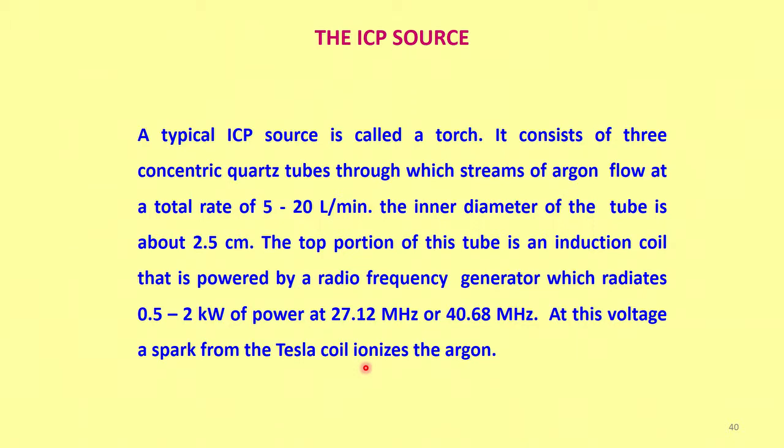Now, I would like to tell you that we can look at the ICP source. So, the ICP source is what we call a torch. As I had explained to you earlier, the crux of the matter is the ICP torch.